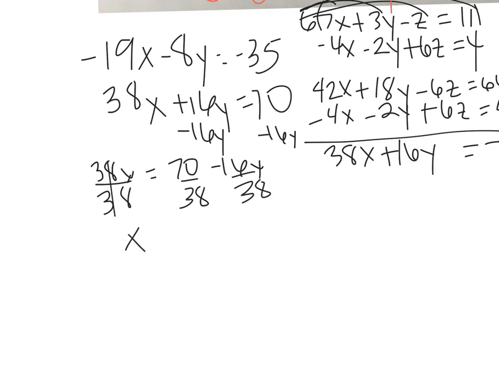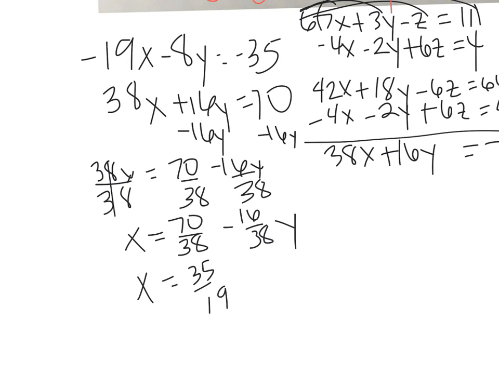And x is going to be 70 38ths minus 16 38ths y. And go ahead and reduce that. So that's going to be 35 19ths minus 8 19ths y.